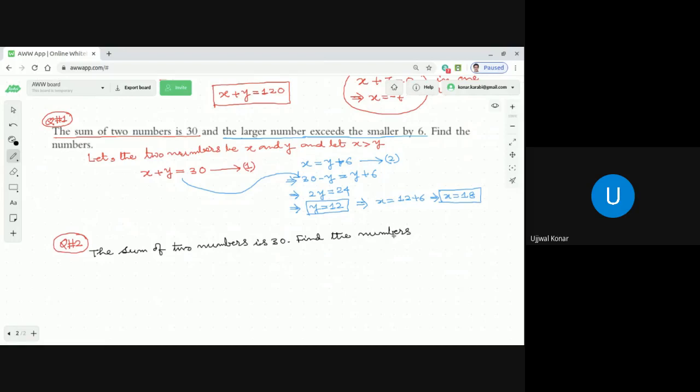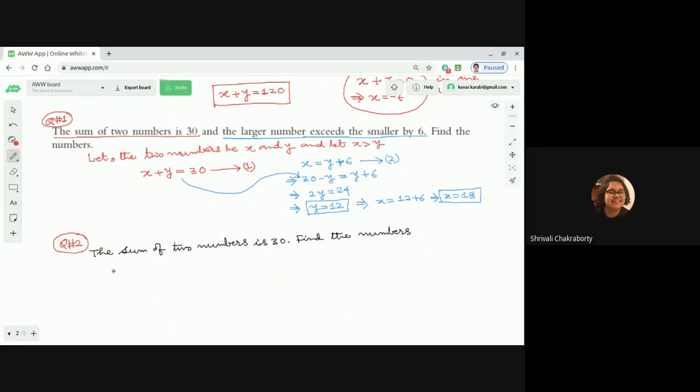How can you answer this question? Could you please tell me how you can approach this question? What could be your solution? You will write it as x plus y is equal to 30, and you can't get the exact value, but you can get it in terms of the other term. Very good. Very well said.